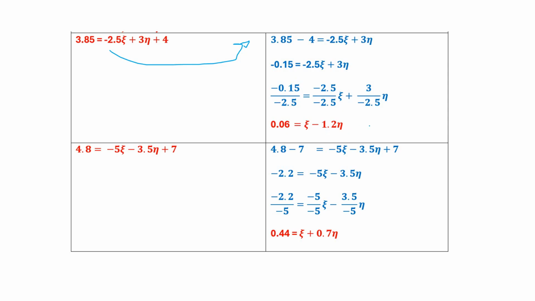On simplification, this is equation number 3. Similarly, this equation is simplified here, and on simplification we get equation number 4. Now you can solve equations 3 and 4, two expressions and two unknowns, and from this you will get the values of psi and eta.